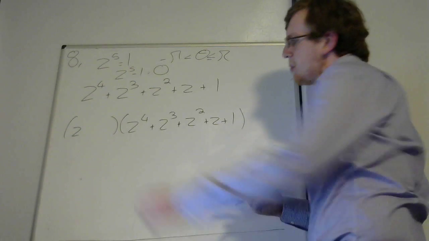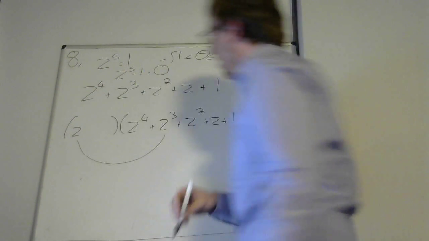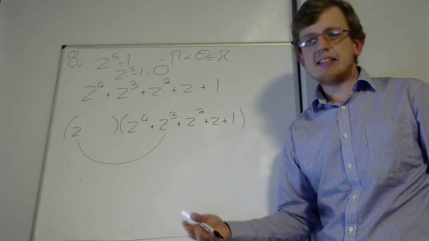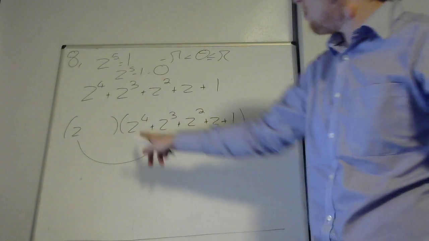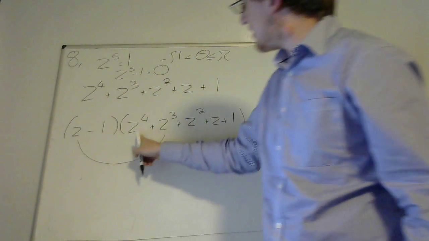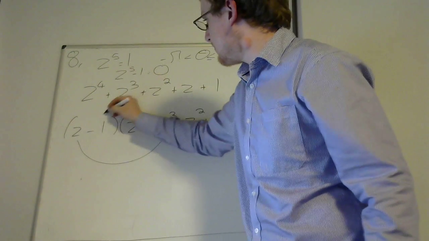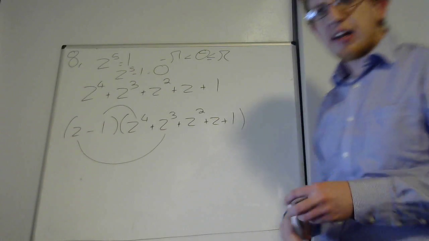But annoyingly, I'm also going to get a z to the power 4. Well, I don't want a z to the power 4, so how can I get rid of that? Well, if I multiply this z to the 4 by minus 1, that will cancel out with this z to the 4. And the pattern keeps on going like that.